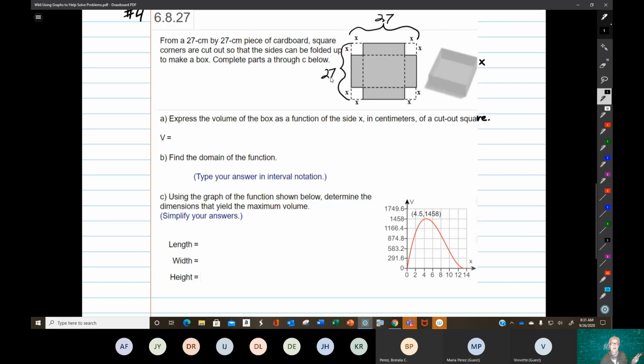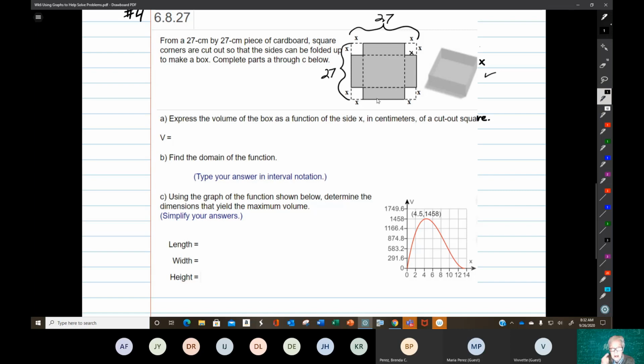You got this slab of cardboard, and it's obviously a square, right? And you're going to cut squares of equal length out of each corner and fold up the cardboard so that you have a box pictured over here.